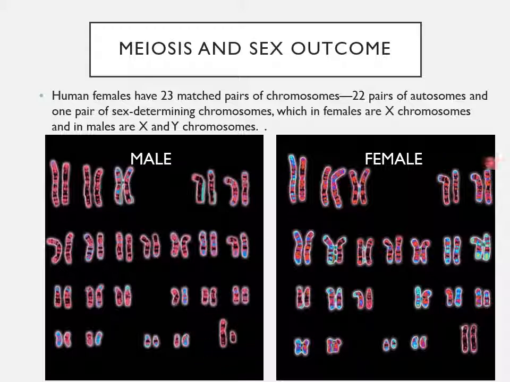So males and females both have very similar chromosomes for all the other chromosomes, and the main difference is when you look at these other 2 chromosomes, which we call the sex chromosomes, and those are the X and Y chromosomes. So chromosomes 1 through 22 on both the male and female we call autosomes, and then the X and Y chromosomes we call sex chromosomes or sex determining chromosomes.